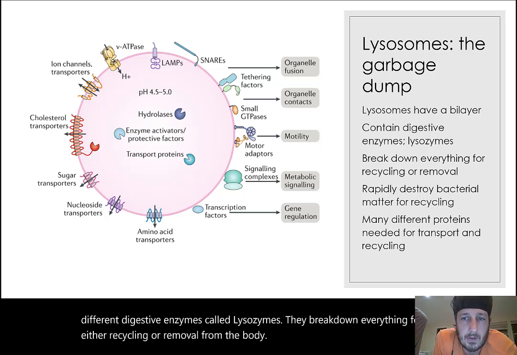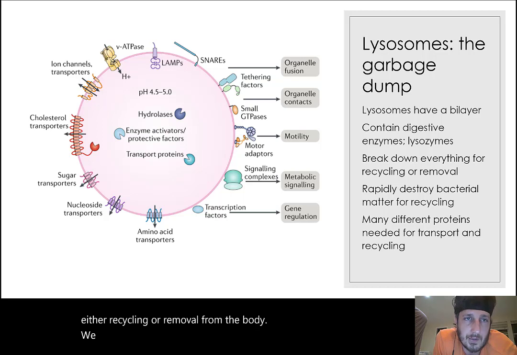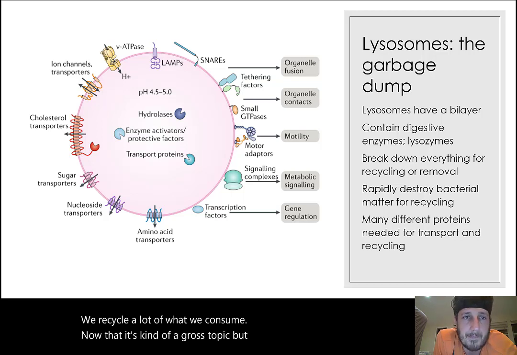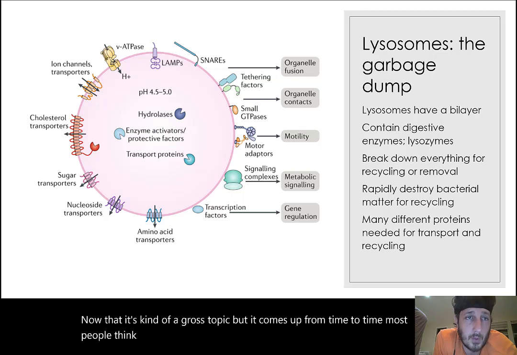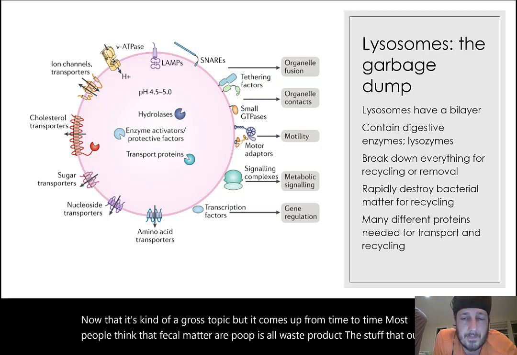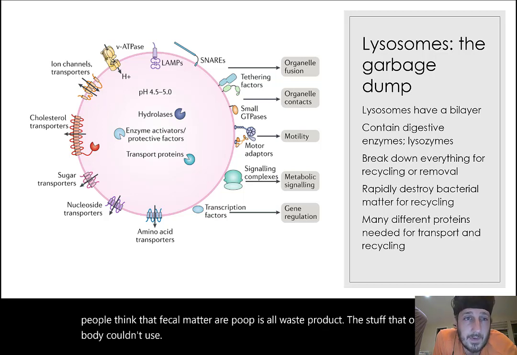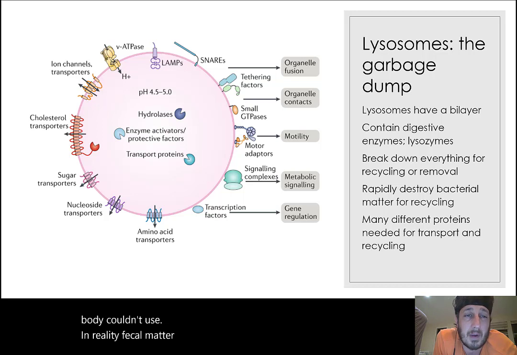We recycle a lot of what we consume. Now, it's kind of a gross topic, but it comes up from time to time. Most people think that fecal matter, or poop, is all waste product, the stuff that our body couldn't use. In reality, fecal matter is mostly the stuff that our body just didn't digest.